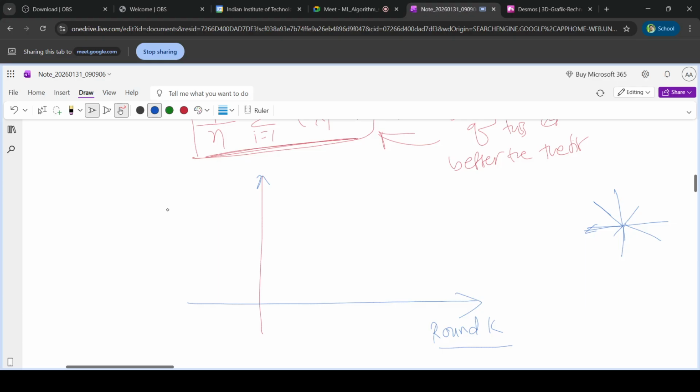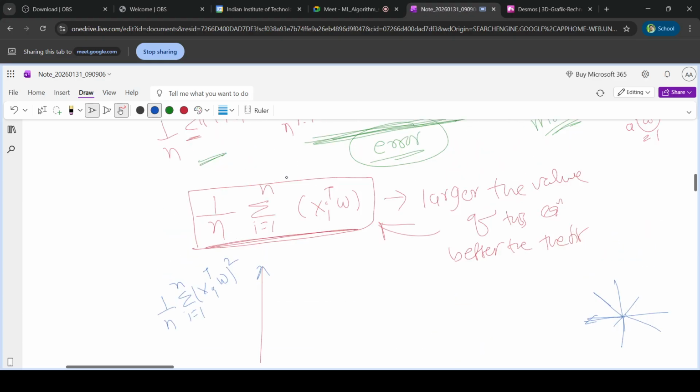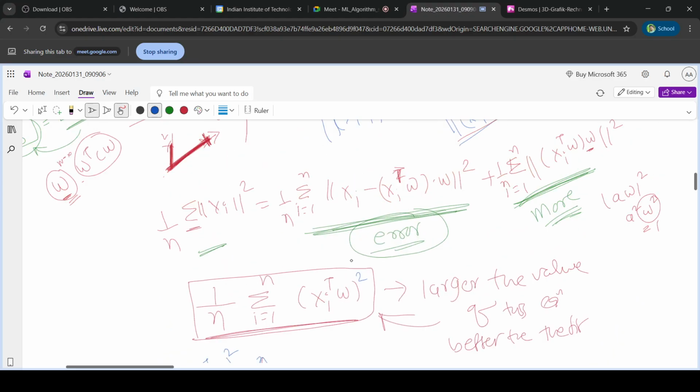Another value is 1 over n summation of i equal to 1 to n of xi transpose W, squared. As I mentioned, a into b squared means a square into W square, and W square is 1, so I get only a square. So there is no need to write W square here.